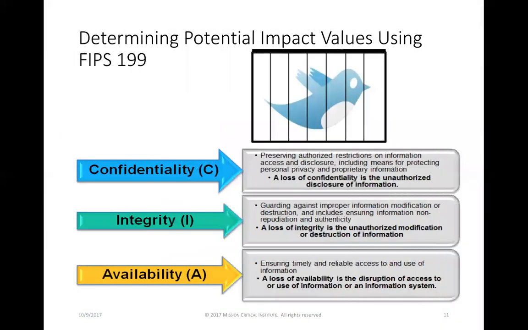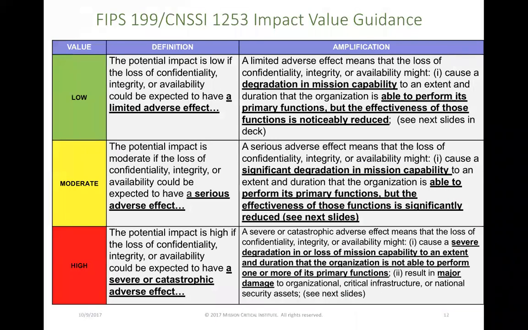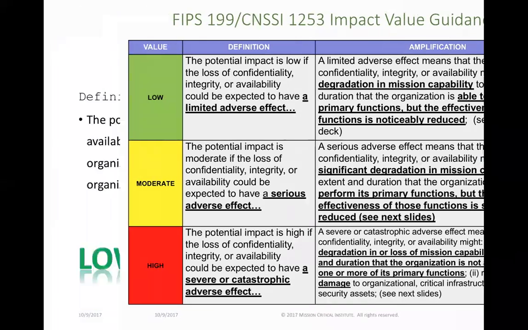And availability is making sure that the information you need to get to, or that your consumers need to get to, is always available. So that's the CIA triad. We're going to go over this chart step by step in the next few slides, but it's a good chart that shows how you can determine impact values for your system.